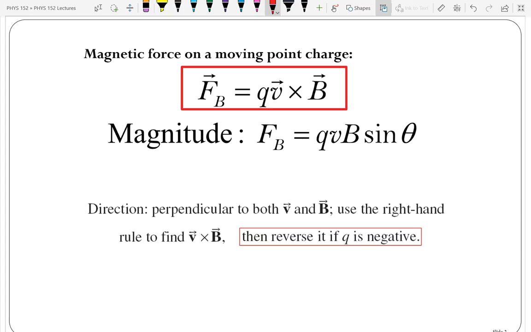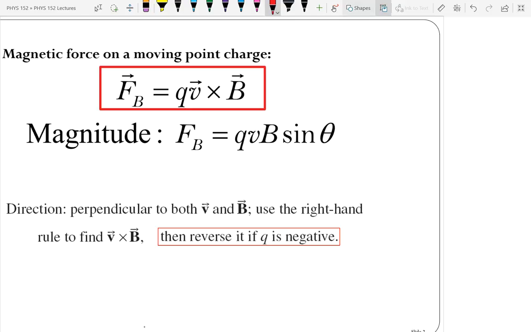So that has two pieces to it because it's a right-hand rule. Because it's a right-hand rule, we have both direction and magnitude that we need to figure out. The magnitude is the easier part. Remember, a cross product means you're multiplying the perpendicular parts.